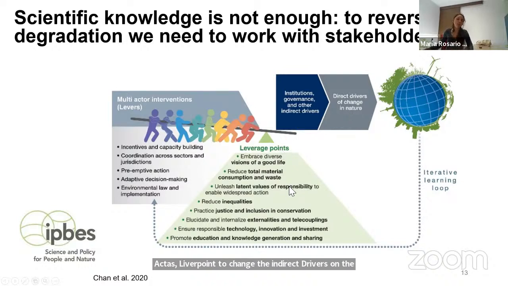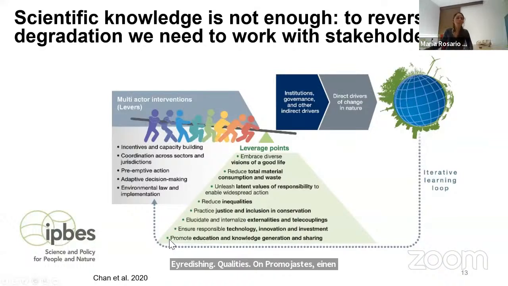And examples of these leverage points include, for example, to recognize and embrace the diverse visions of what is a good life. There is not only one way of thinking, but there are different perspectives. It's also important, of course, to reduce consumption, reduce inequalities, promote justice and inclusion, and use technology more responsibly.